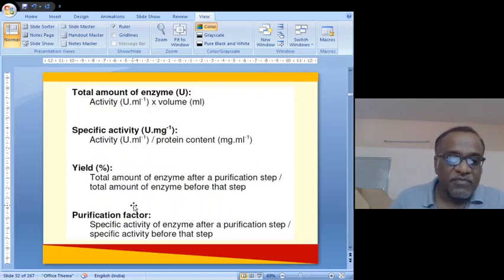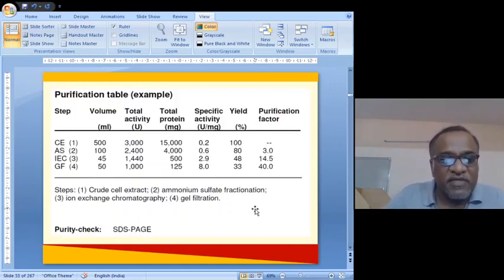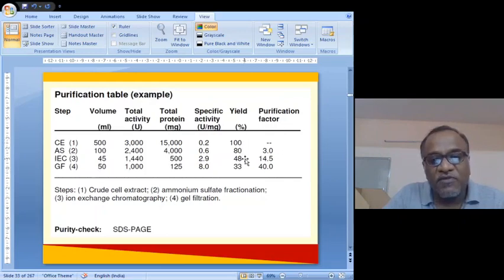Now how do we calculate the purification factor? Specific activity of the enzyme after a purification step divided by specific activity before that step. So if you look at the purification table, it's a very generic table. The yield keeps on decreasing and the purification factor increases.